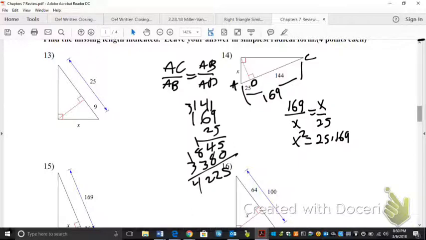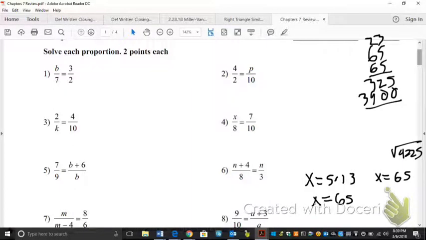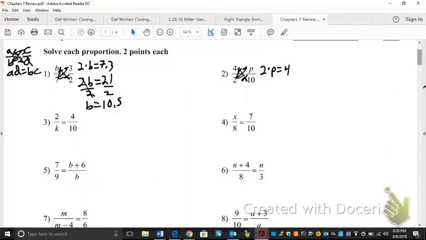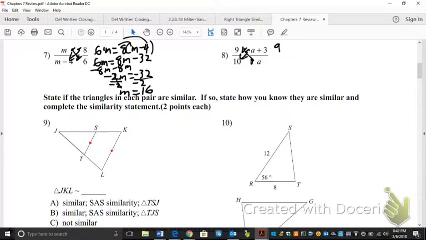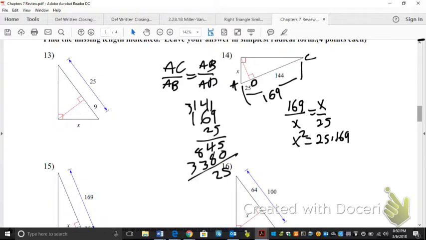So for some reason this got moved back to the first page. Okay, so we have x squared equals 4225. We also have x squared equals 25 times 169.